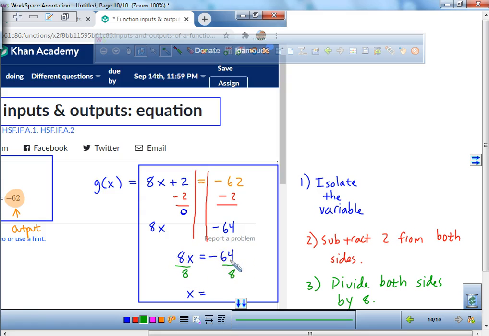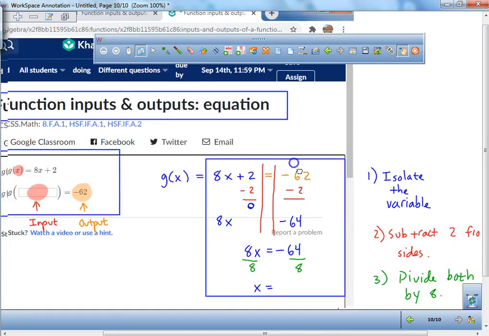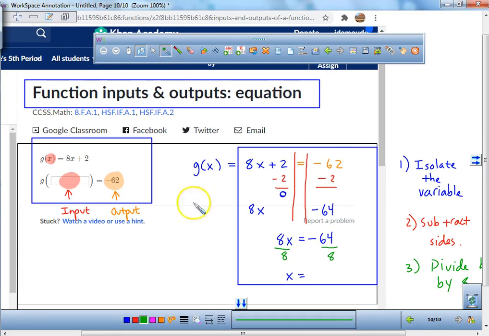And we get negative 64 divided by 8, and that yields an answer of negative 8. And that is what I'm going to put in right there. Now, what does that mean? That means when I plug in a negative 8 into this equation, I should get a negative 62. So I'm going to test that theory.